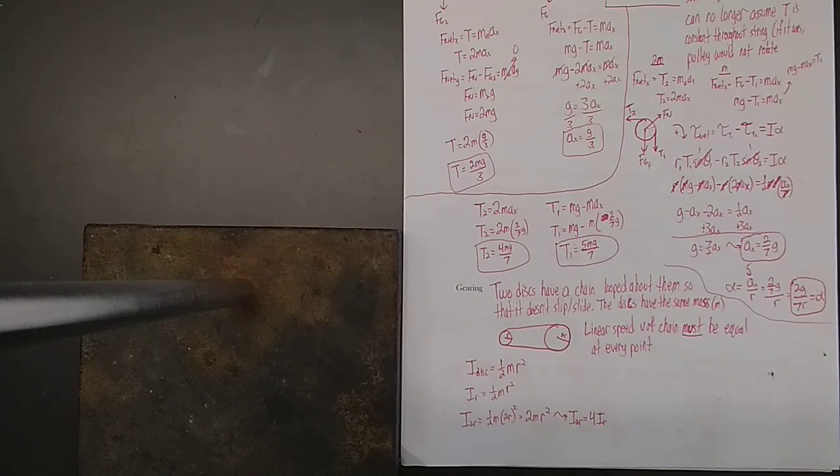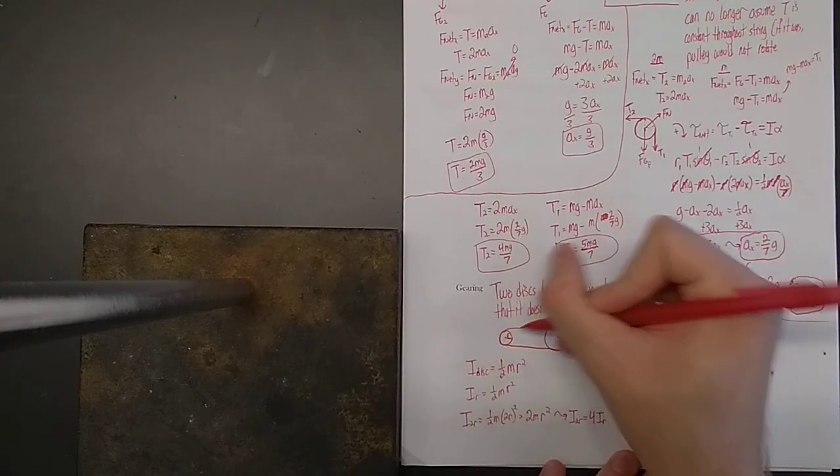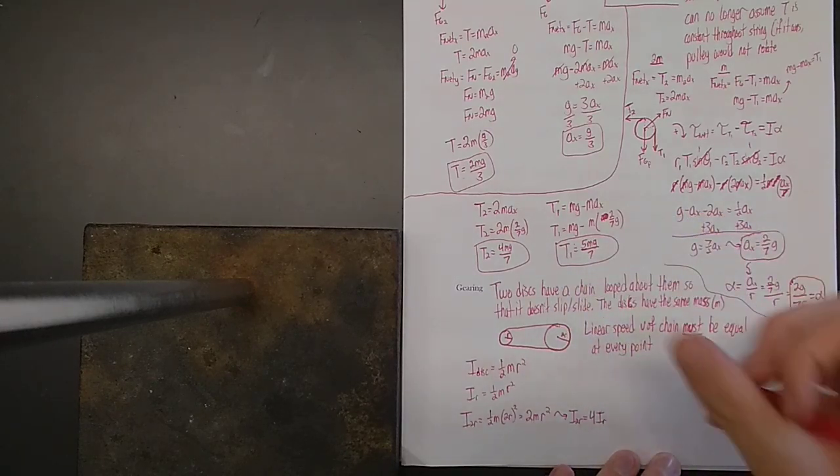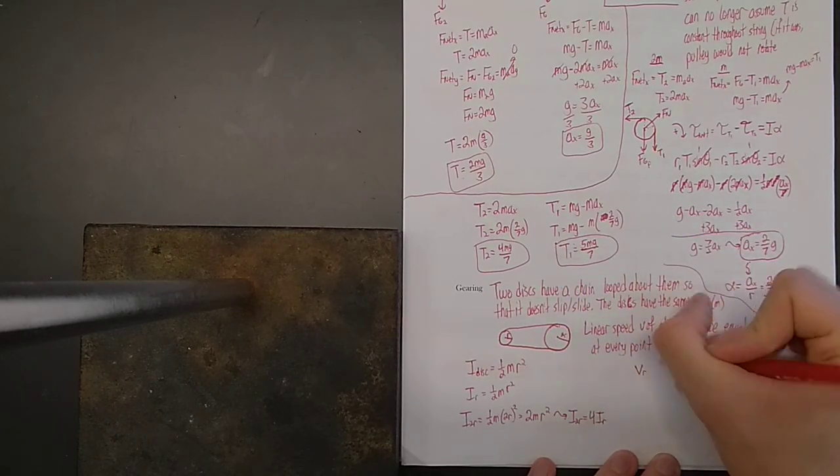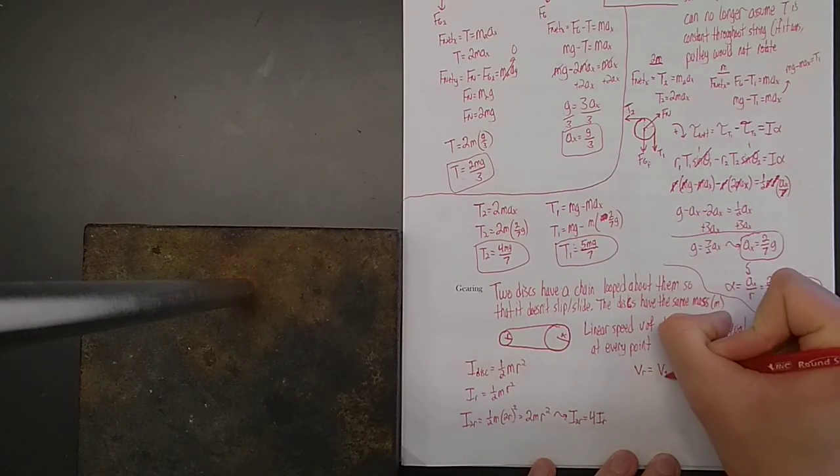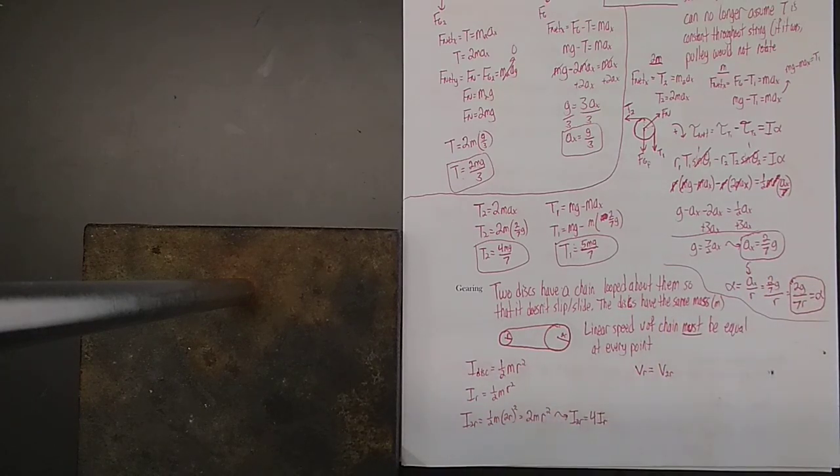So what that means is every point on the chain is moving at the same speed. That means that here the chain is moving at the same speed as it is here, and that would be the linear speed. Okay, it's moving over the same amount of distance in the same amount of time. So we could say that for the outer edges of these two disks, V_R equals V_2R. The linear speeds are the same.